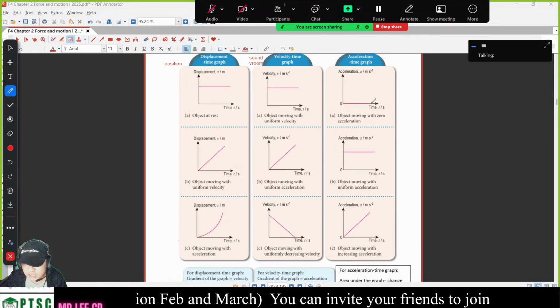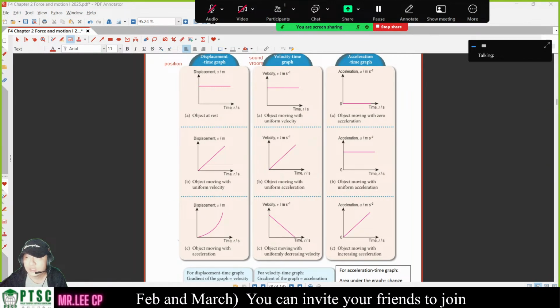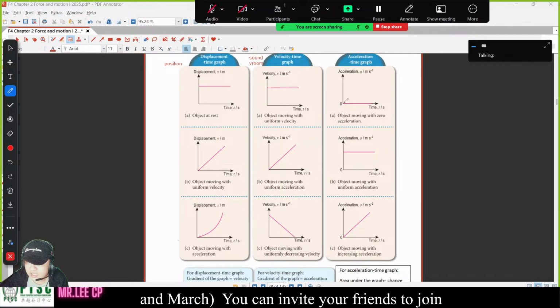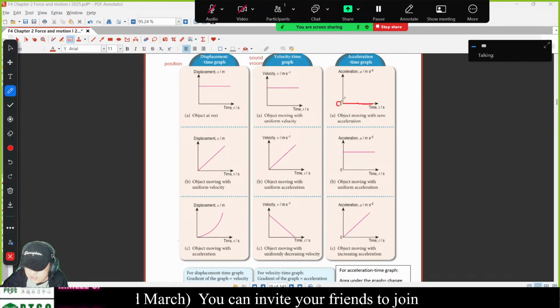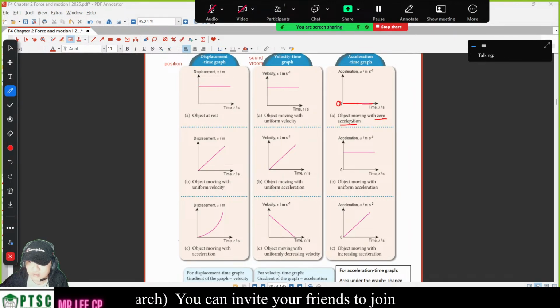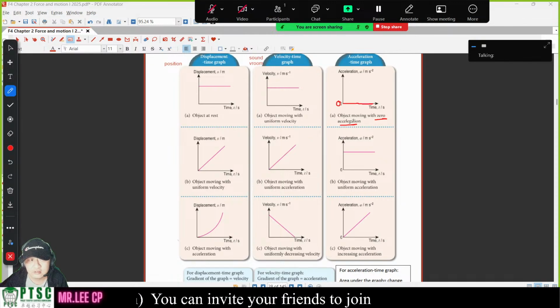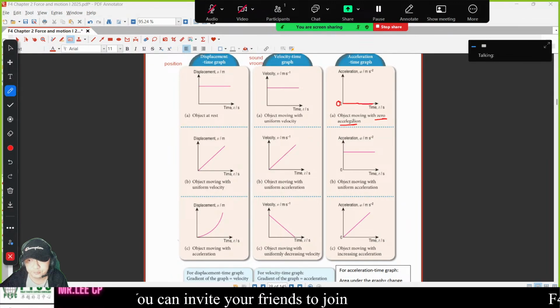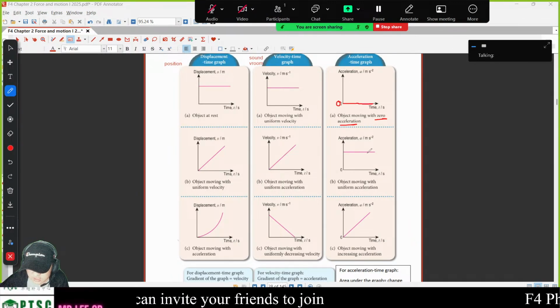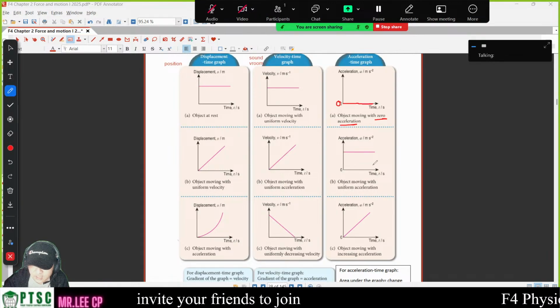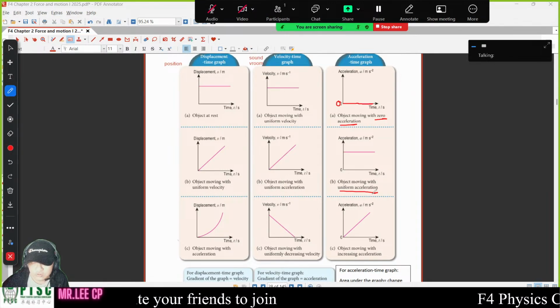Very seldom will they ask you, but they can. Here, it is flat at 0. The acceleration is 0. So this one is constant, constant acceleration or uniform acceleration.